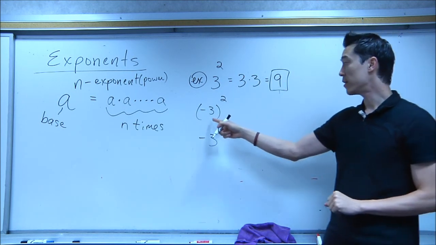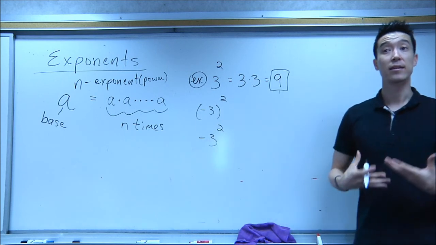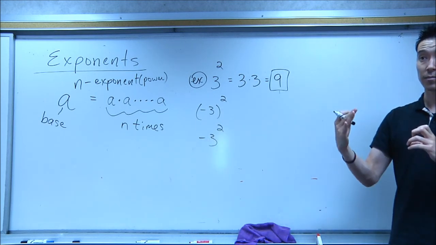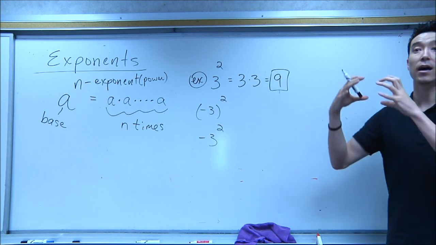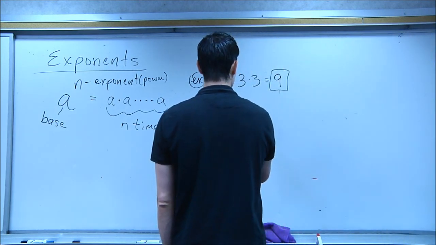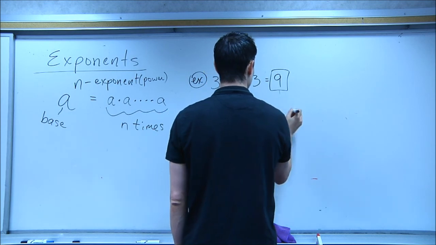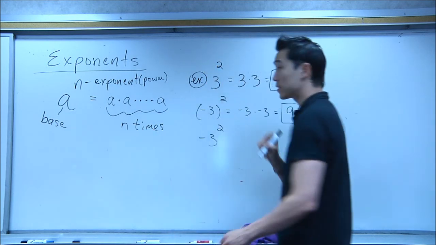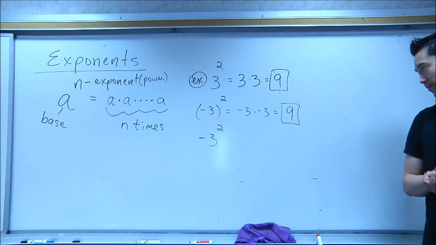Okay? So this I would vocalize as negative 3 to the second power. So I'm going to take negative 3 times negative 3, because it's only 2 times. Okay? And that, negative 3 times negative 3, is also positive 9. So this one's going to give you an answer of positive 9.